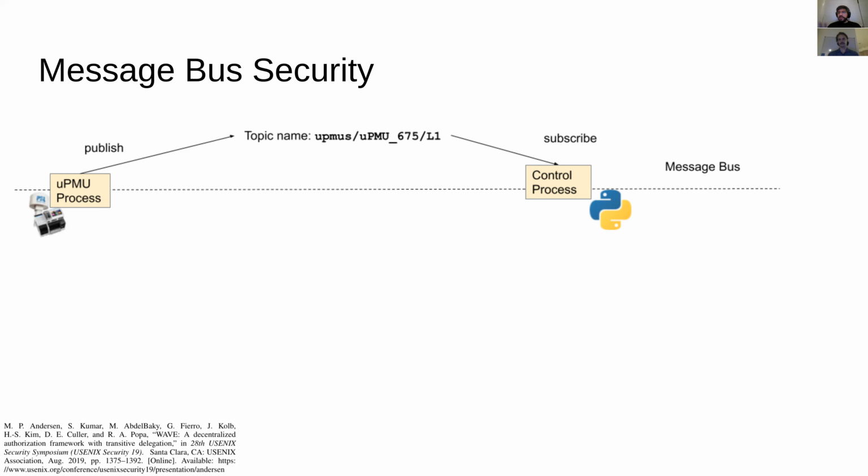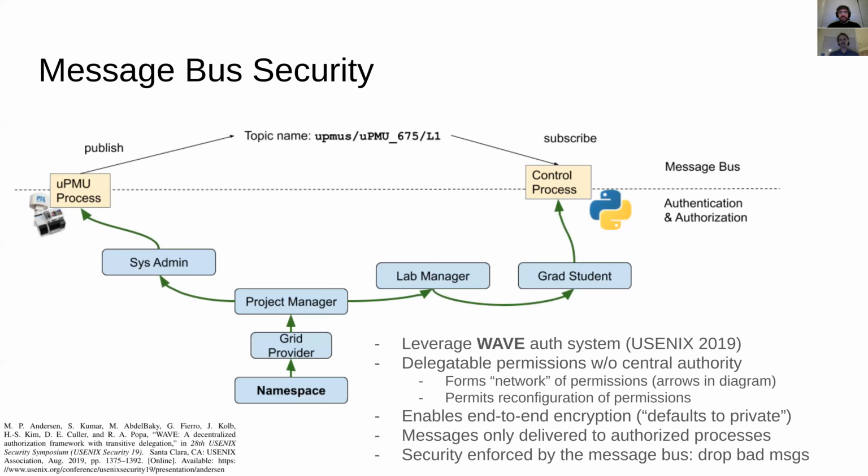What's going on underneath the covers as all of these things are running is essentially a permissions graph. The permissions graph is something that's been pioneered by the Wave authentication system, which was recently developed at UC Berkeley and published last year at USENIX. Essentially, it forms a network of delegatable permissions that doesn't rely upon a central authority or a central database to store the entire authoritative list of who can do what.